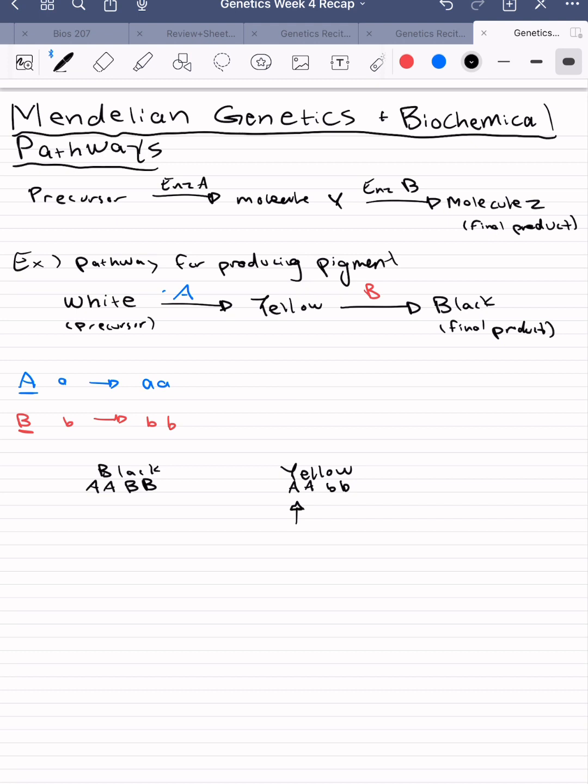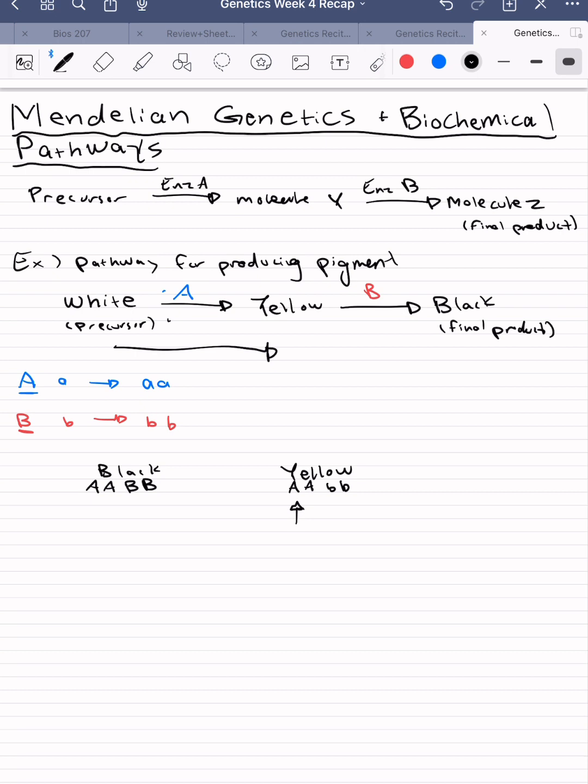And we know that to go from white to yellow, enzyme A needs to be working in order to convert this pigment into the other pigment. To go from yellow to black, we know that enzyme B needs to be working to convert the yellow pigment into the black pigment.